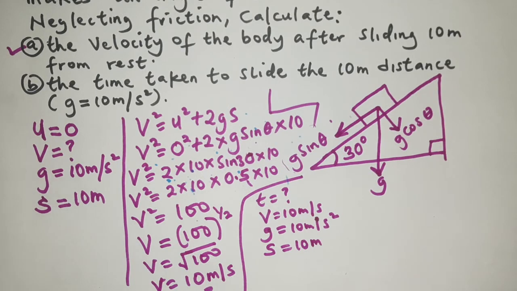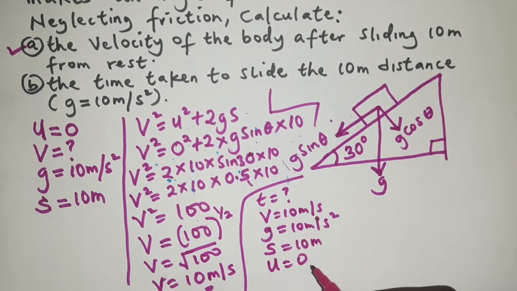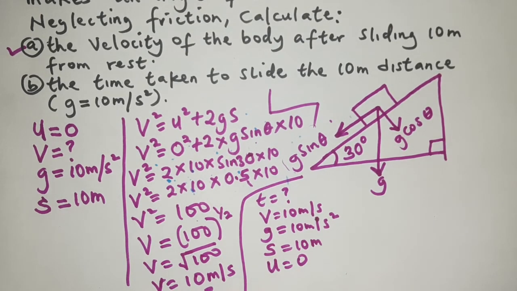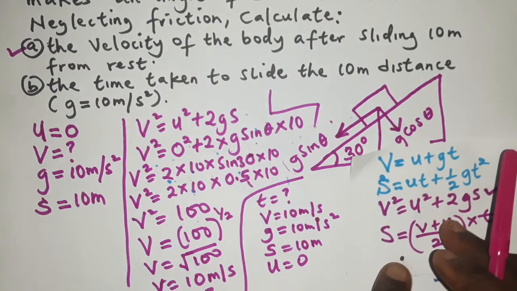We still have our u as 0 too, because it started from rest. So which of the equations do we use now? Let's see which one blends in this time around.